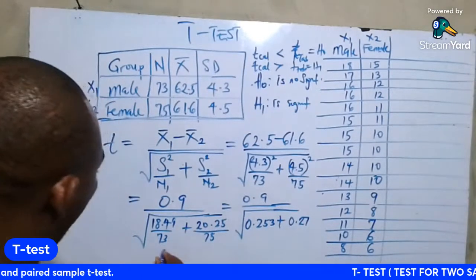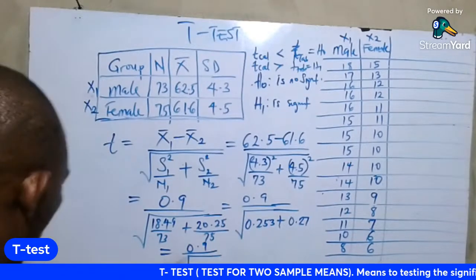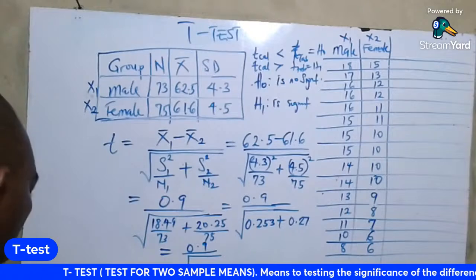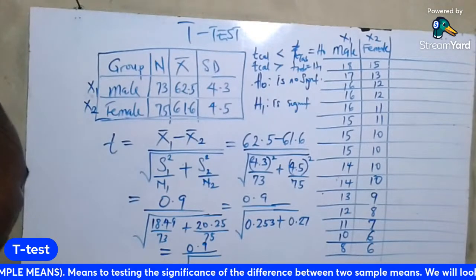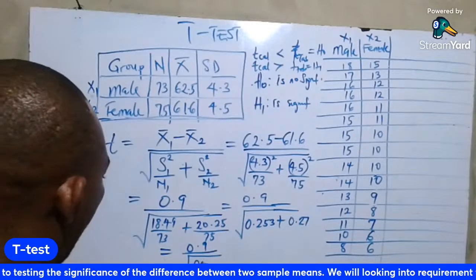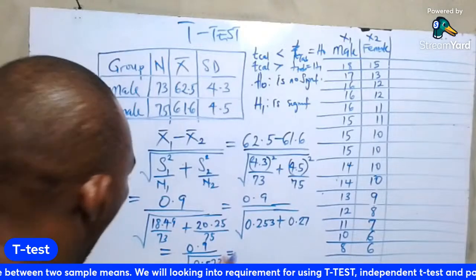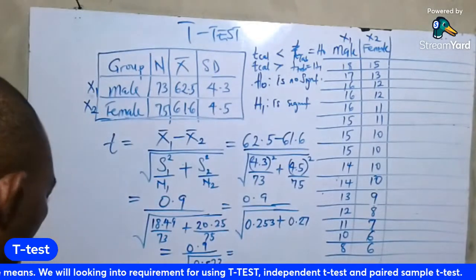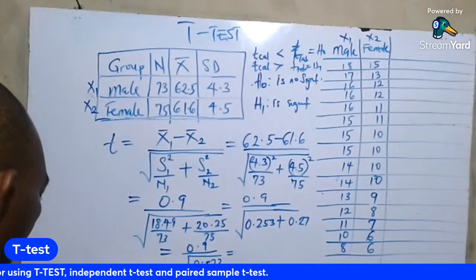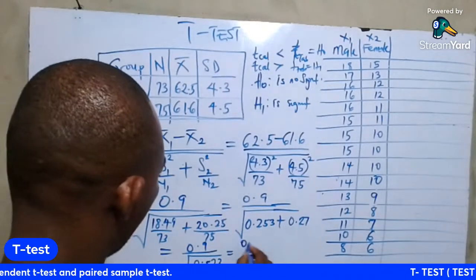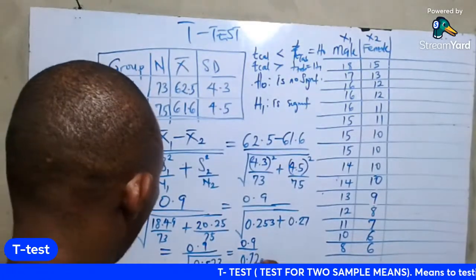So if I add these two together now, I'm going to have 0.9 over square root of, so let me add the two together. That's 0.253 plus 0.27. And that will give me 0.523. So the square root of 0.523 will give me 0.723.